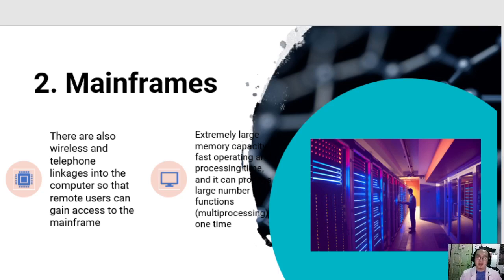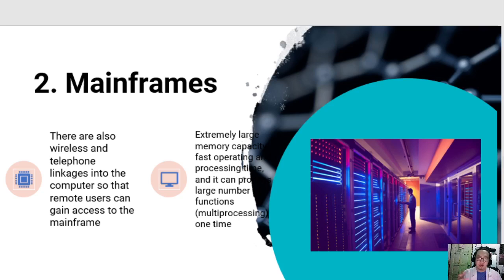It has fast operating and processing time, and it can also process a large number of functions at one time. Mainframes can also serve a large number of users at the same time, usually thousands of users.